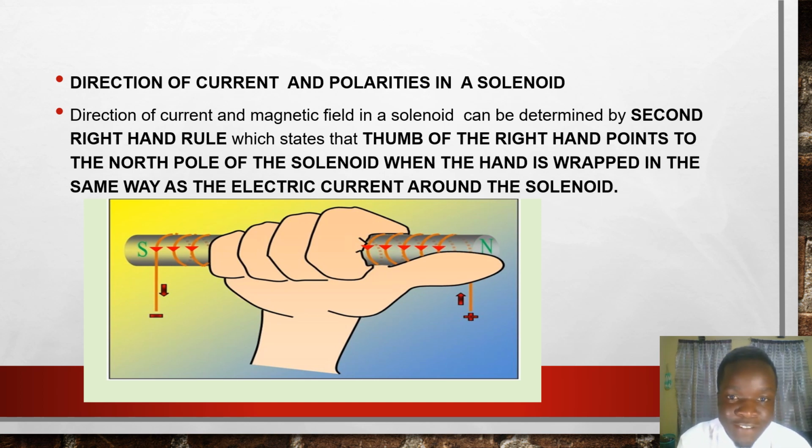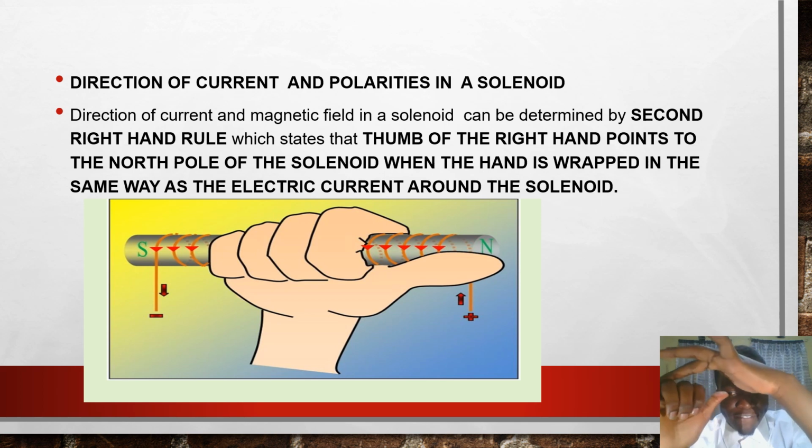Direction of current and magnetic field in a solenoid can be determined by the second right hand rule. The previous was the right hand grip rule, and this is the second right hand rule, which says that when the thumb of the right hand is pointed to the north pole of the solenoid, with the hand wrapped in the same way as the electric current around the solenoid, the remaining fingers point in the direction of current.